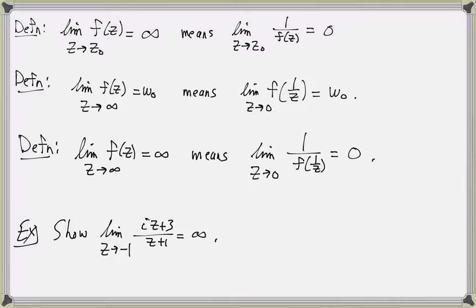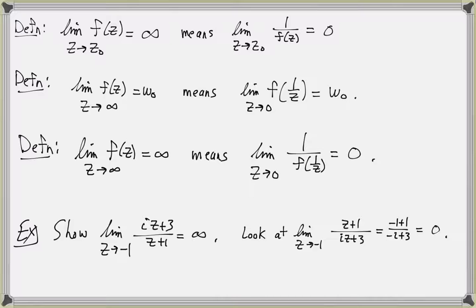So let's evaluate the limit as z approaches -1 of (z + 1) over (iz + 3), and by direct substitution I get the limit of the numerator to be equal to -1 + 1, and the denominator will be -i + 3, which is non-zero, so this is valid, and since the numerator equals 0, this limit equals 0.